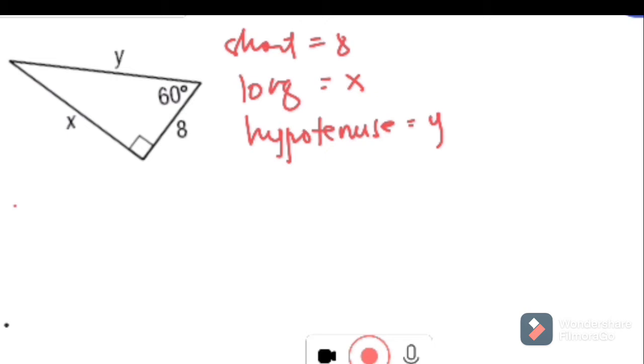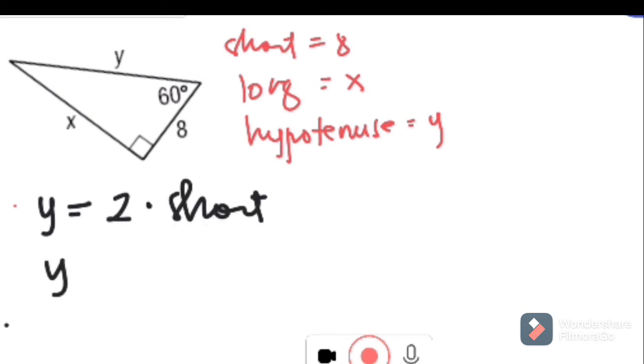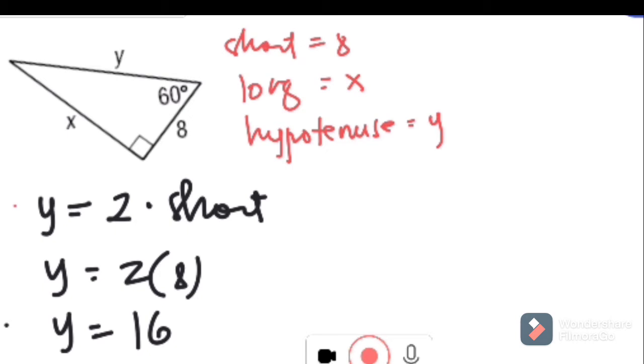So to find y is equal to 2 times the shorter leg. So y is equal to 2 times 8. So y is equal to 16. The hypotenuse is equal to 16.